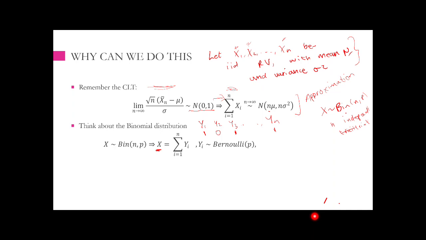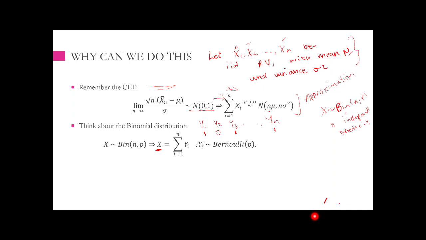But that's a binomial. So this binomial random variable can be thought of as a sum of Bernoulli random variables, and that shouldn't be news to you. You should have learned that in your earlier prob stats courses.